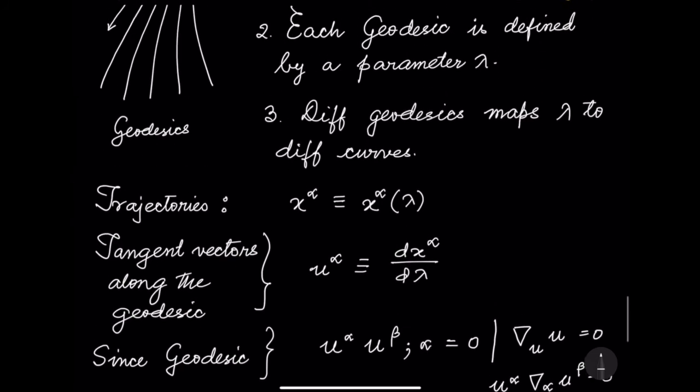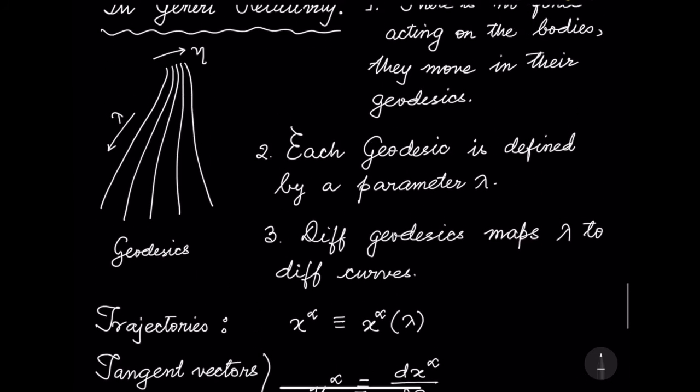Now, just like earlier we talked about a deviation between the trajectories, here also we'll talk about a deviation between the trajectories. And the separation between the trajectories will happen because of this parameter eta.